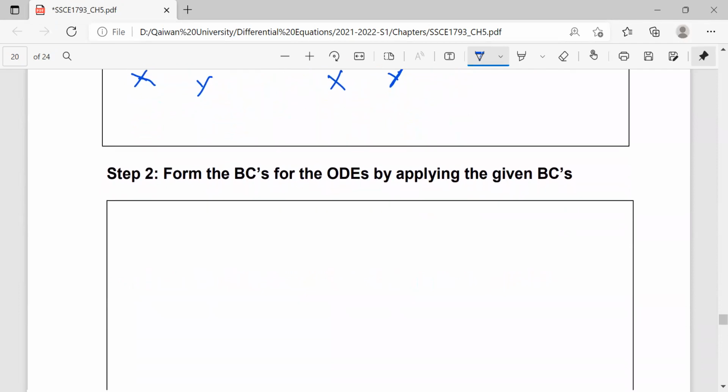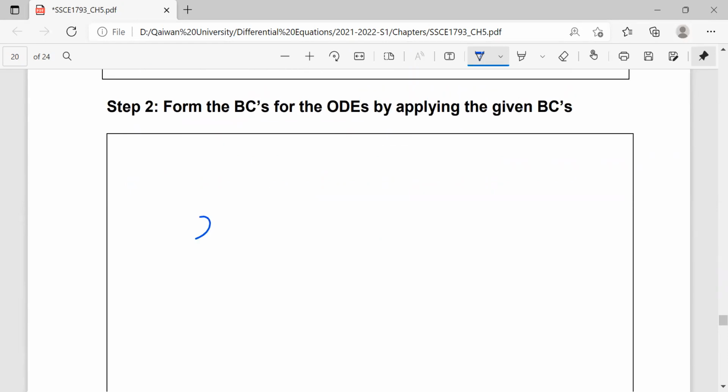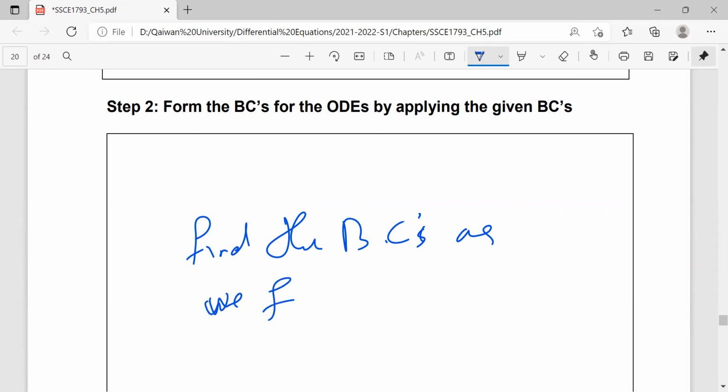Now we find the boundary conditions as we did before, or found in the previous example.